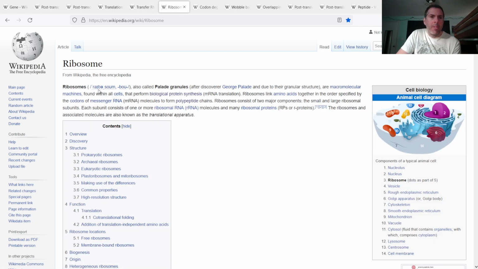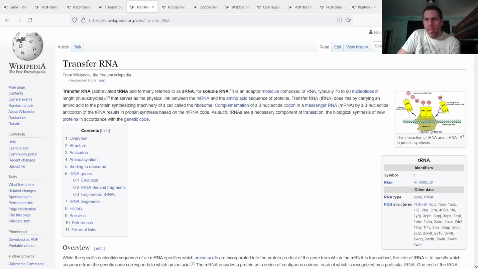And then the ribosome is a complex piece of RNA and protein. Again, I think some of the RNA in it might be needed to bind to the transfer RNA or detect the RNA in the transfer RNA.